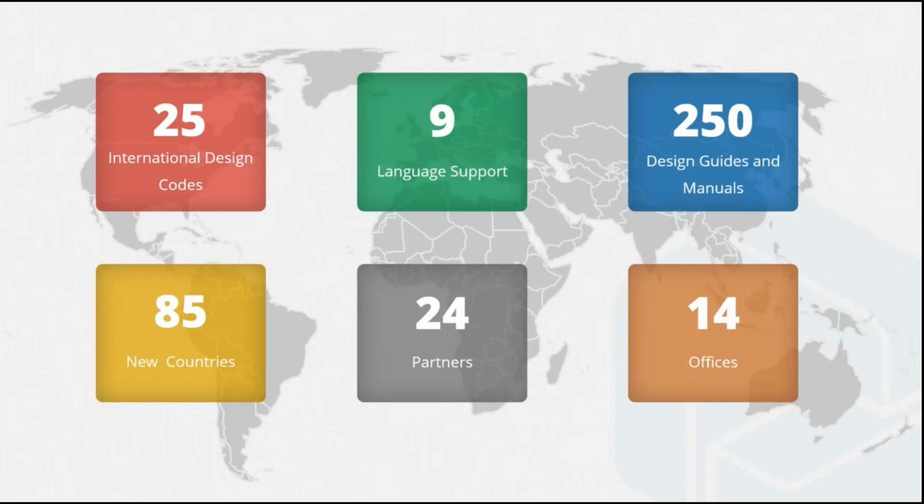For example, many of our users benefit from technical guides that cover guidance to punching shear checks, foundation design, seismic design, retrofitting, and many other topics. At this point, we support over 85 countries around the world through our partners, like in Kenya, through CVStruct and our offices directly. And you can see these figures represented through the numbers on the screen.